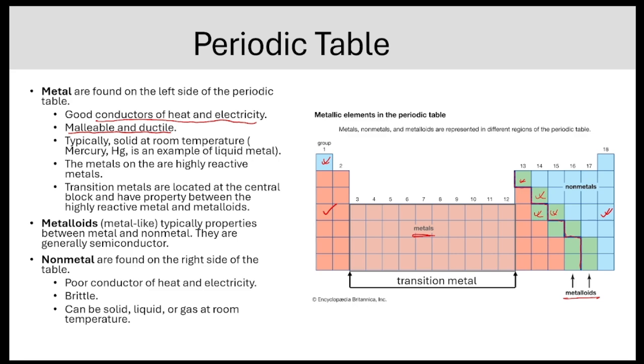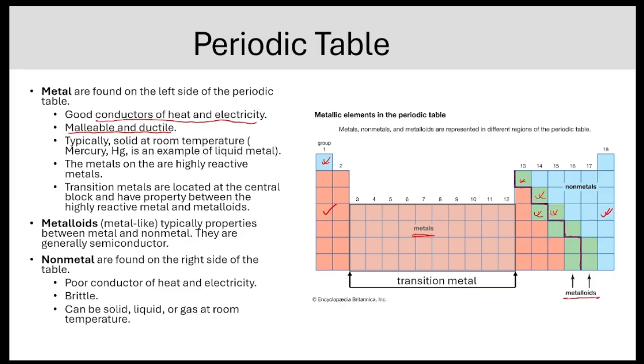And the ductile property of metal is what makes it possible for us to make a wire out of metals. And most of the metals are solid at room temperature.